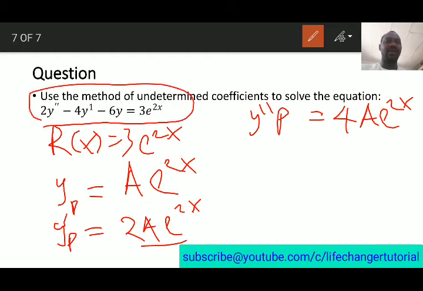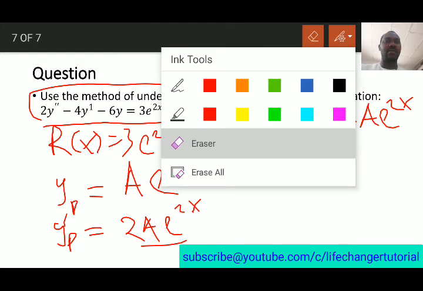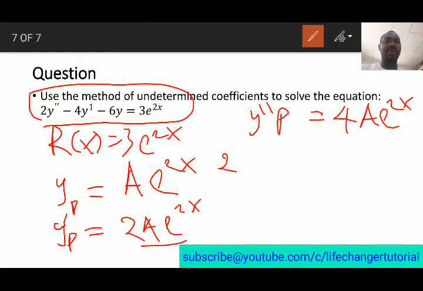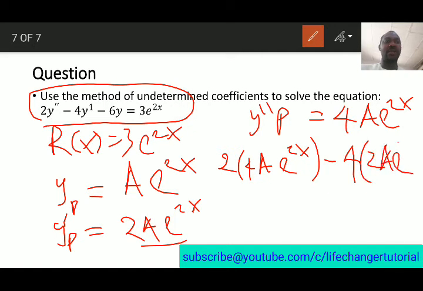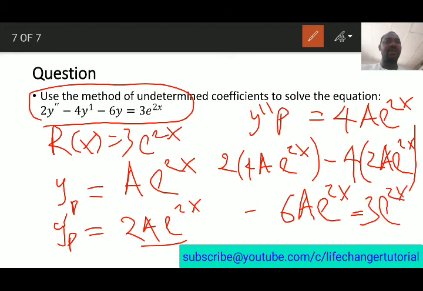If we do that, we are going to get 2 times y prime prime p, which is 4a exponential 2x, then minus 4 times y prime, which is 2a exponential 2x, then minus 6 times y, where your y is a exponential 2x, all equal to 3 exponential 2x.